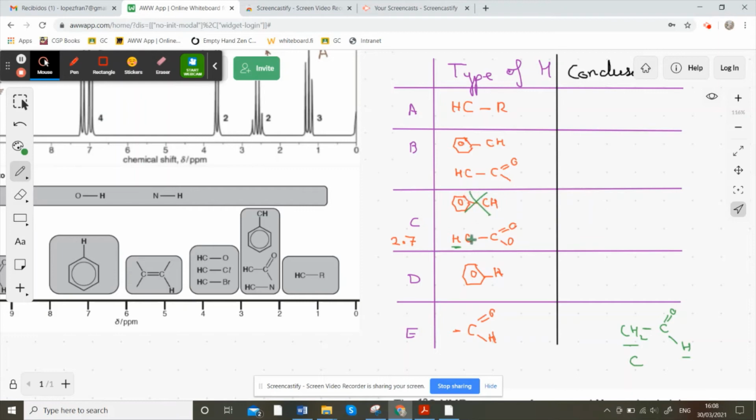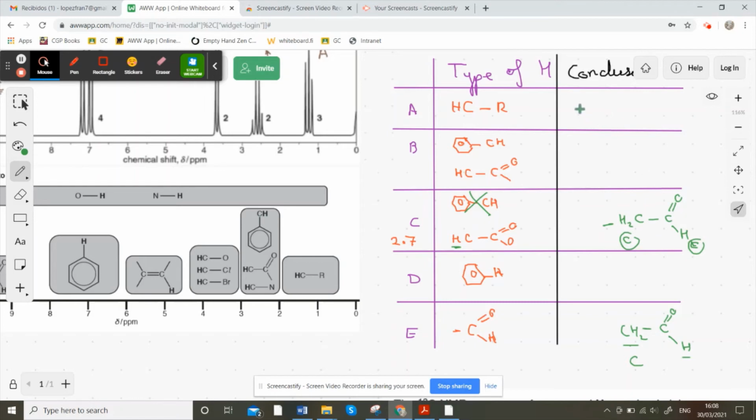Therefore, now we know the type of proton for C, and C is going to be area 2, so it's a CH2 bonded to the CH from the aldehyde. That's proton C, that's proton E.